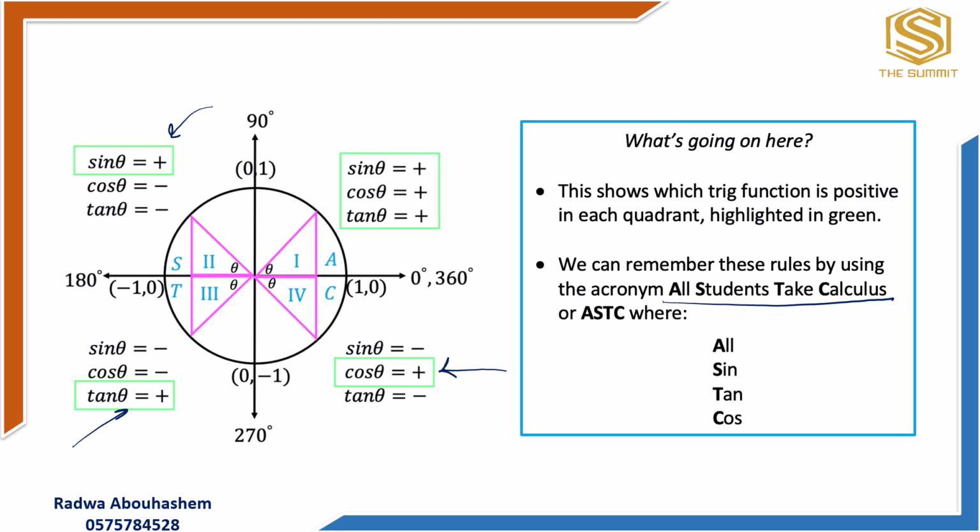A, all; S is for sine; T for tan; and C for cosine. So your A, S, T, C. All of them in the first quadrant are positive. Only sine in the second quadrant is positive. In the third quadrant, only T. And in the fourth quadrant, only the cosine.